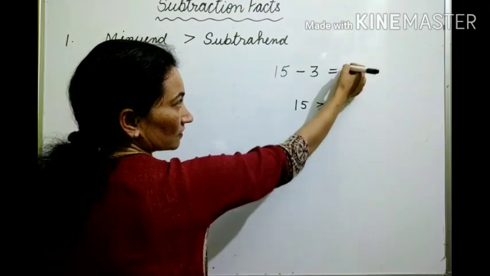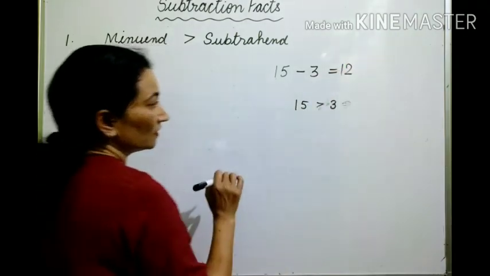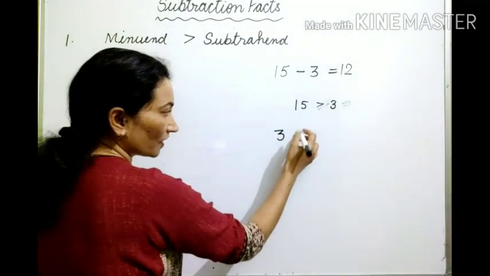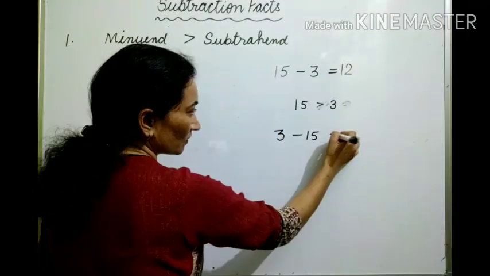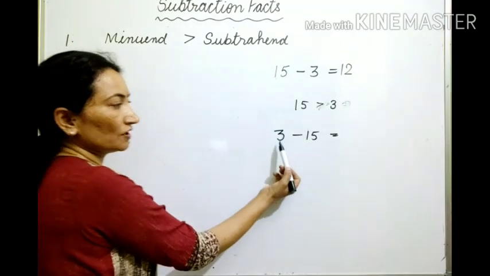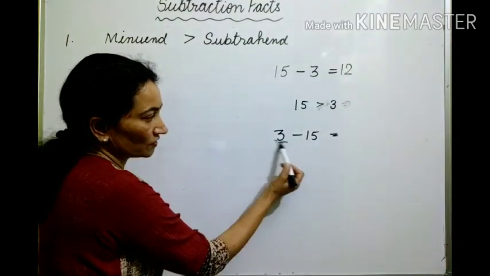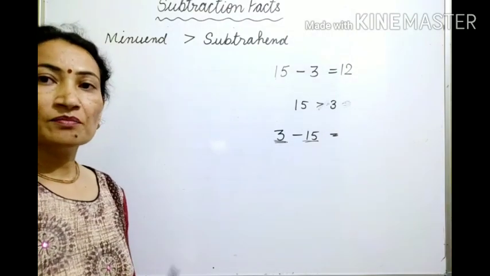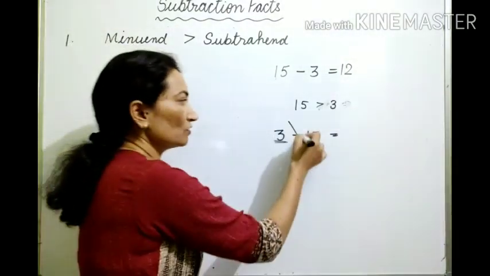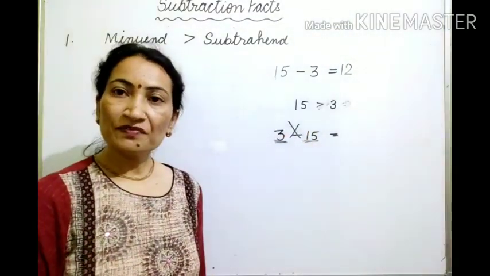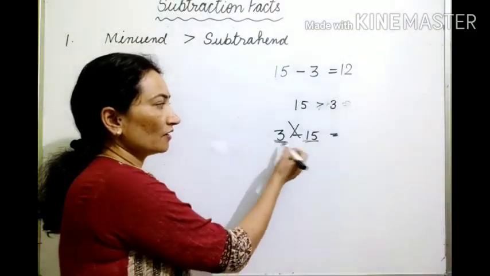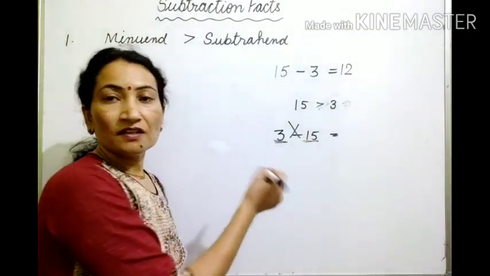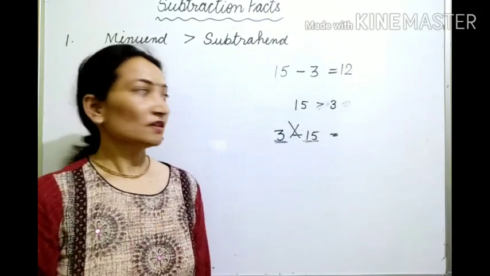Subtraction is possible, but we cannot write it the other way. We cannot take the first smaller number and subtract a bigger number. This is not right. If we have minuend greater than subtrahend, then only we can subtract.